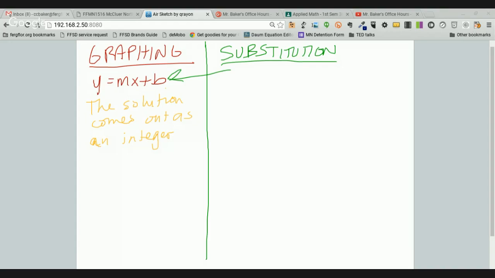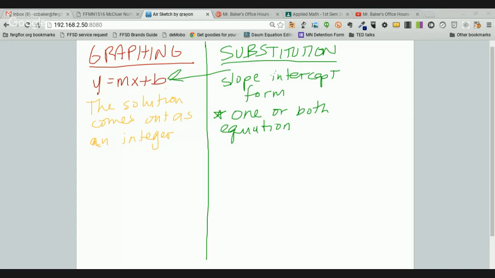So you can do that if it's in slope-intercept form also, because what you really need is just one or both equations set equal to the variable, to x or to y.